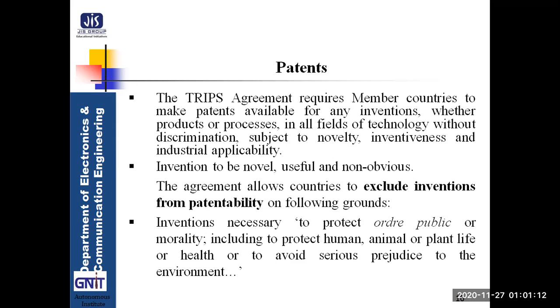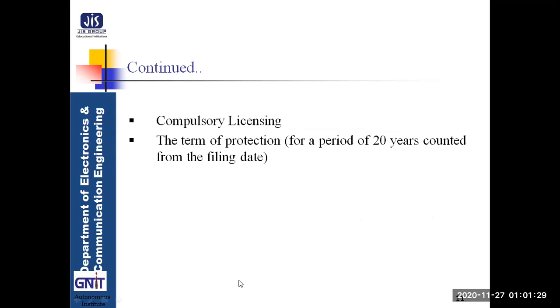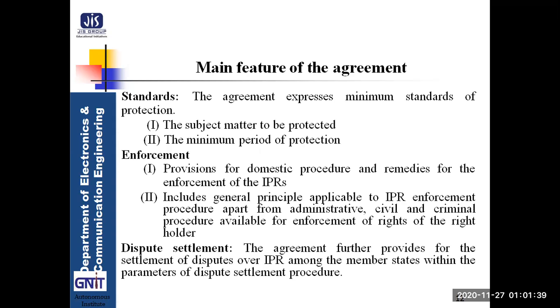The agreement allows countries to exclude inventions from patentability on the following grounds: inventions necessary to protect public order or morality, including to protect human, animal, or plant life or health, or to avoid serious prejudice to the environment. Compulsory licensing is also provided for under TRIPS. The term of protection is 20 years counted from the filing date.